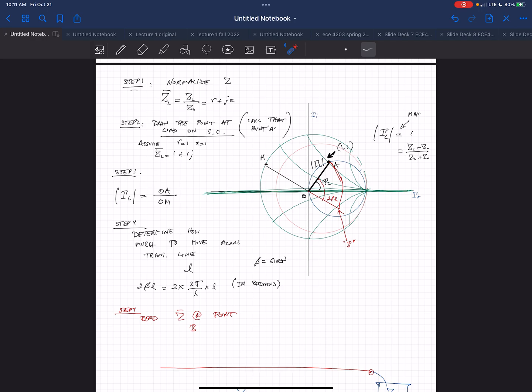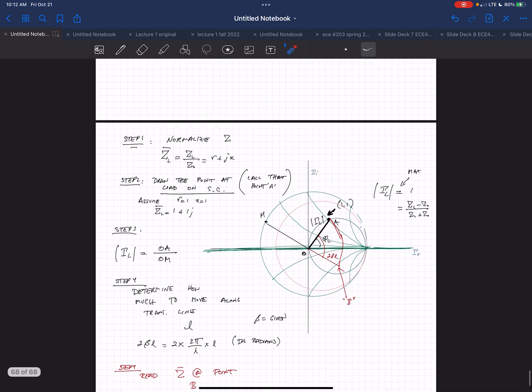So again, right now, do you guys see what's going on here? It's just a graphical tool where, once you know the impedance, you get the reflection coefficient at any point in your transmission line, and by using it in different ways as you move along that transmission line, you can see how the impedance is changing.